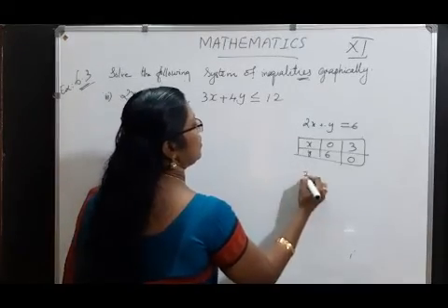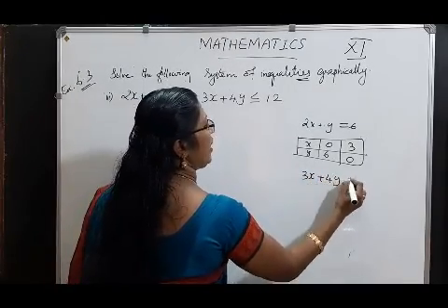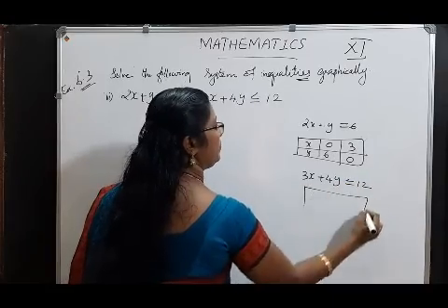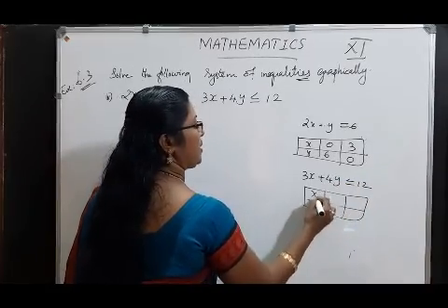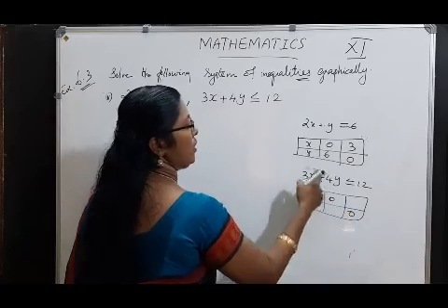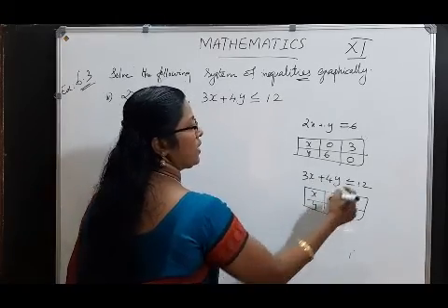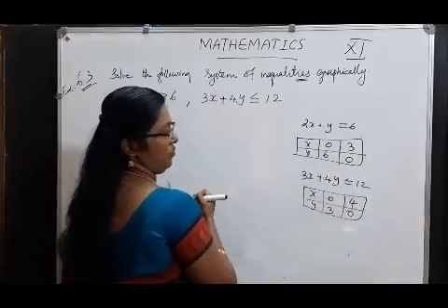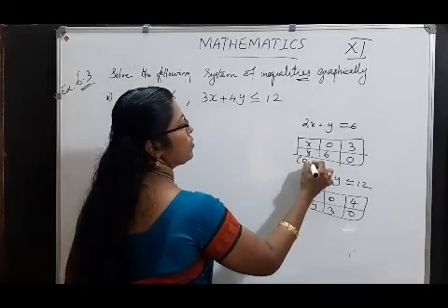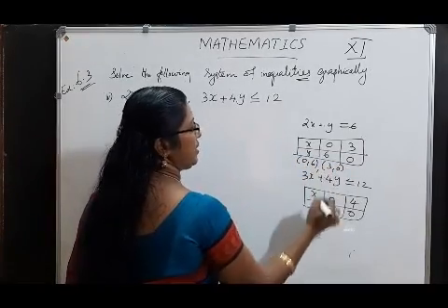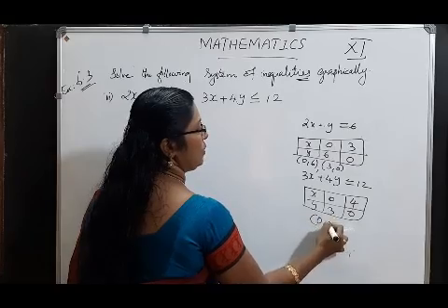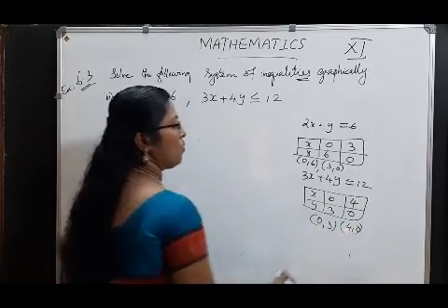The next one, 3x plus 4y less than or equal to 12: x is 0, y is 3; y is 0, x is 4. At the points 0, 6 and 3, 0, here, 0, 3 and 4, 0.